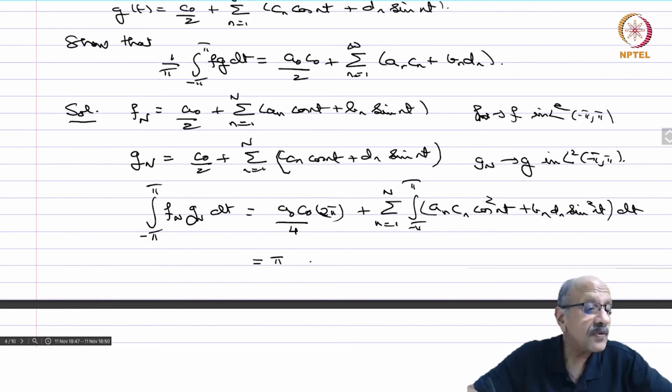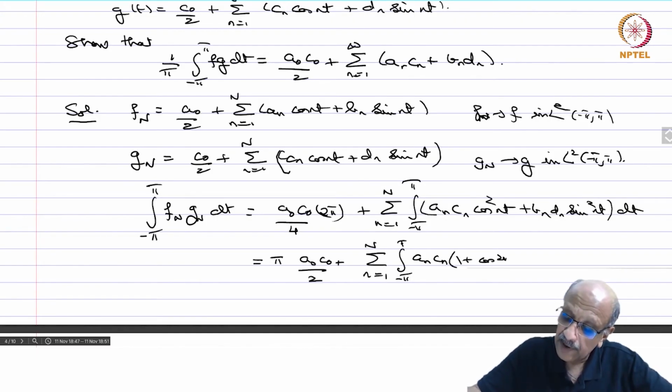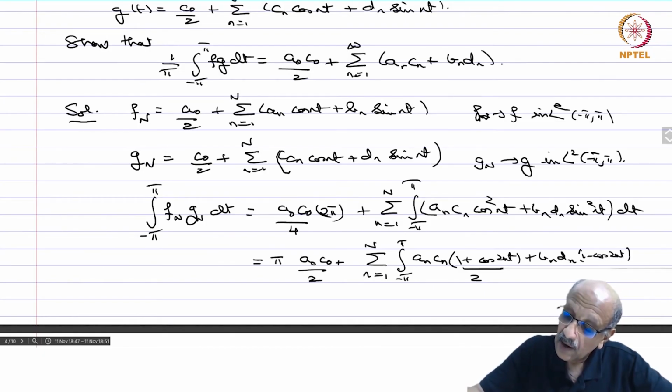Which is pi times a naught c naught by 2 plus sigma n equals 1 to capital N of integral minus pi to pi a n c n of 1 plus cos 2 n t by 2 plus b n d n into 1 minus cos 2 n t by 2, and the whole thing dt.